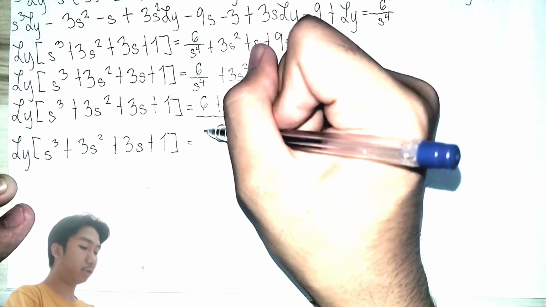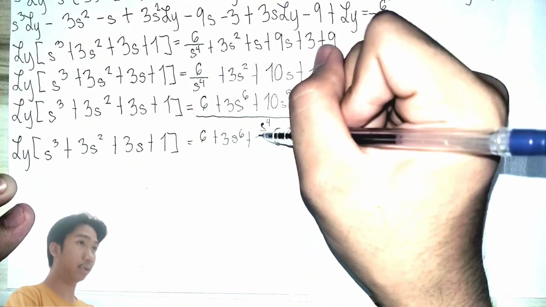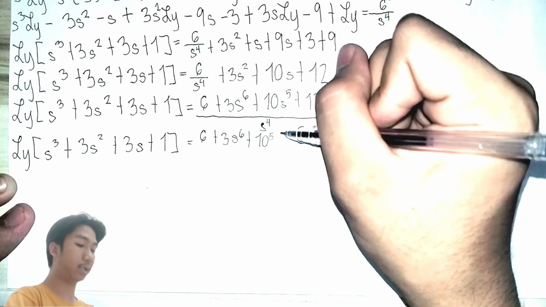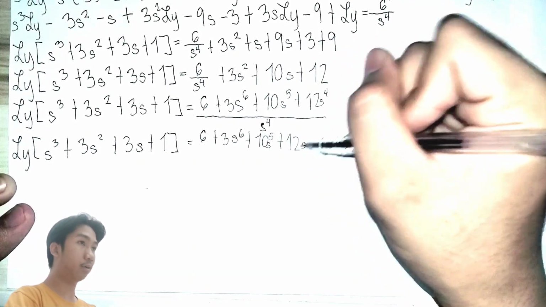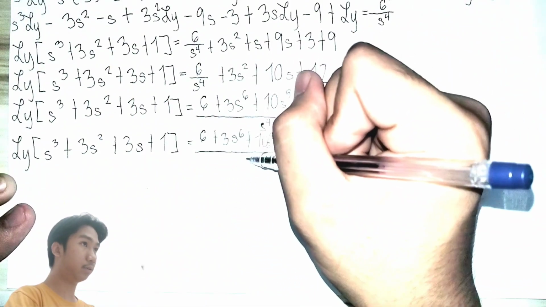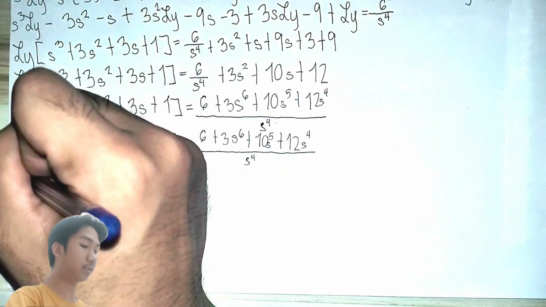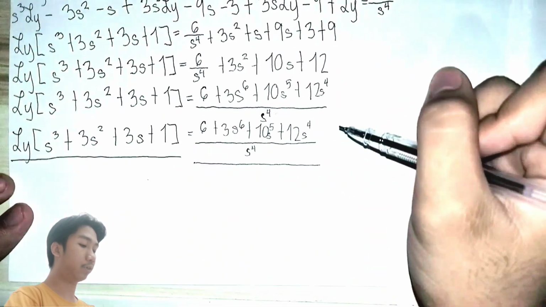And we divide the whole equation by the quantity on the left side to get the Laplace of y. That would be the Laplace of y times s cubed plus 3s squared plus 3s plus 1 is equal to 6 plus 3s raised to 6 plus 10s raised to 5 plus 12s raised to 4 all over s raised to 4.